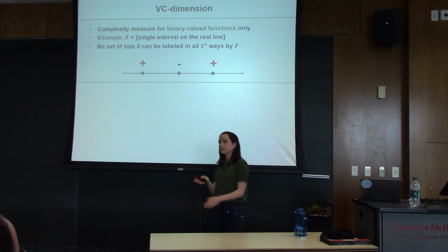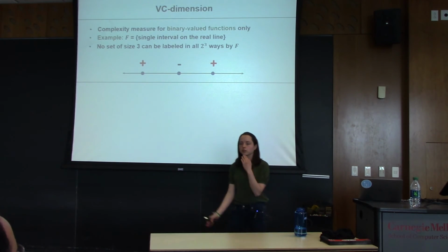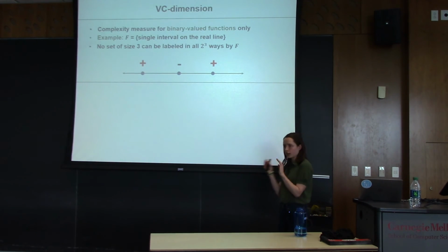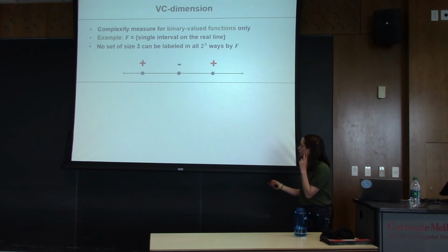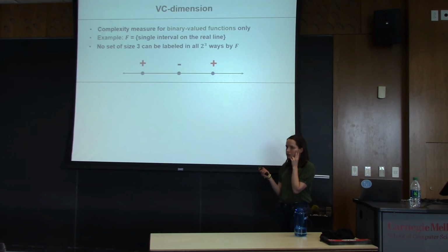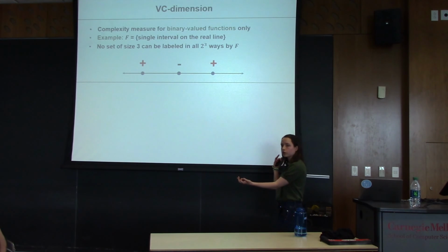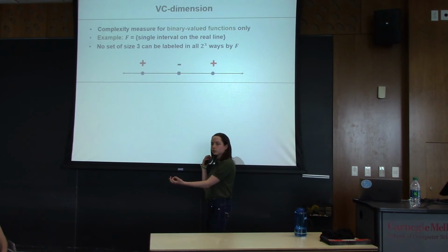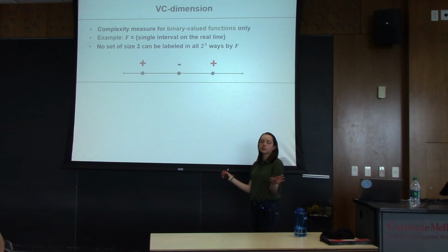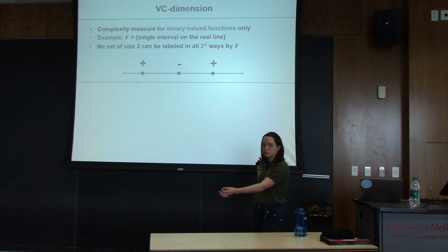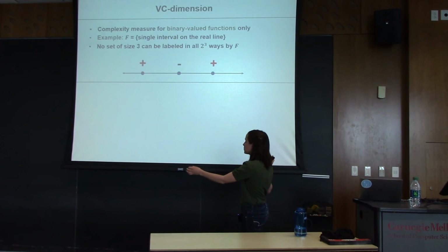Intuitively, this doesn't seem like a very rich class of functions. For example, if I have any 3 points on the real line, I'm never going to be able to find a function that labels the middle one as negative and the outer 2 points as positive. You can never give me an interval that would label the middle point as negative and the outermost points as positive.